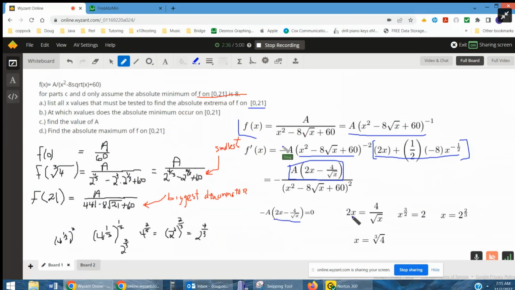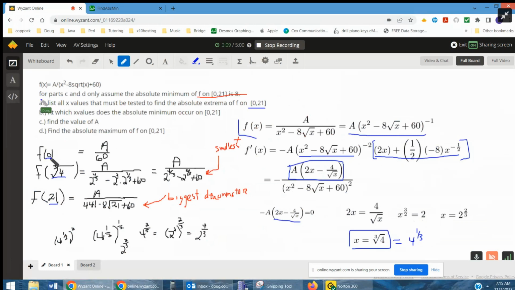If I set 2x equal to 4 over the square root of x, multiply both sides by x to the 1/2, and then divide both sides by 2, I get this, and it looks like x is the cube root of 4, or 4 to the 1/3. Okay, so those are the numbers that you have to test. The endpoints, the critical number, there's 3 of them to test.